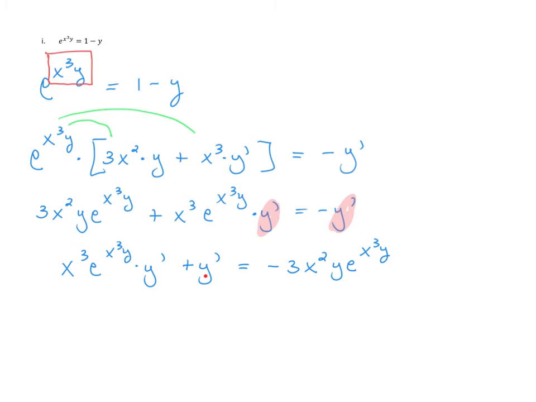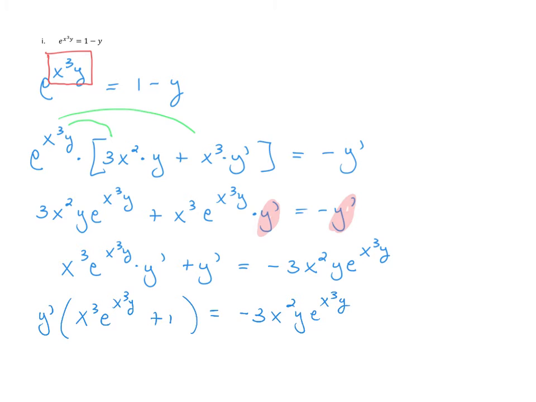I'm going to factor out the y primes and divide by what is left over. We get y prime times x cubed e to the x cubed y plus 1 is equal to negative 3x squared y e to the x cubed y. When I solve for y prime, I get the following thing.